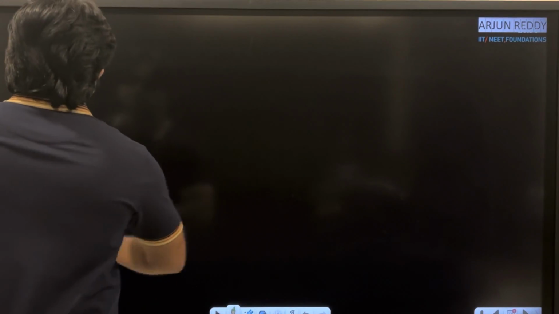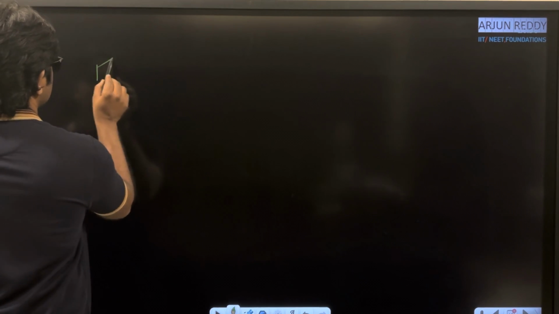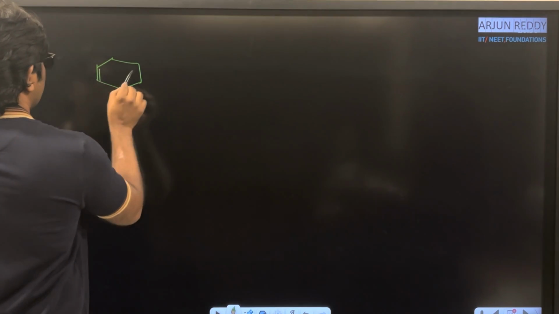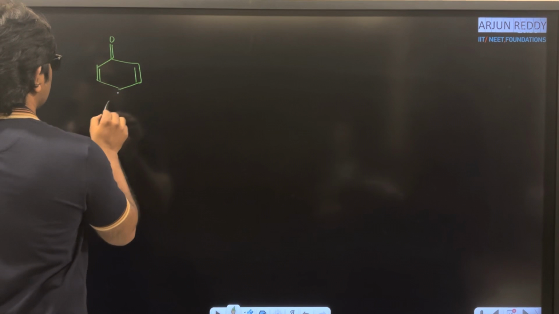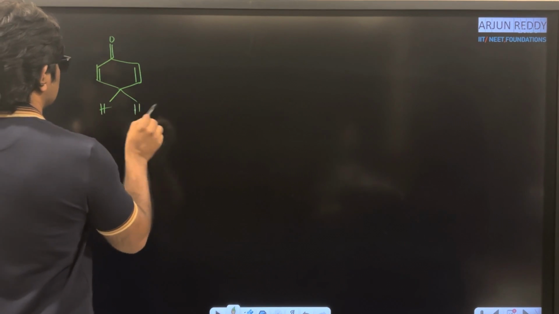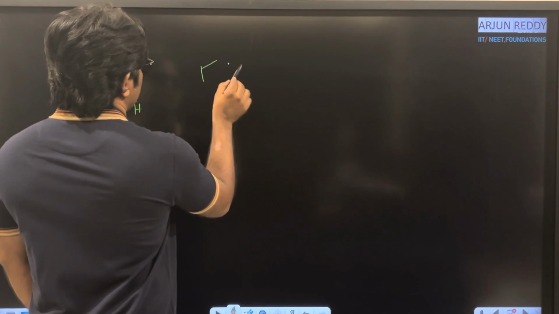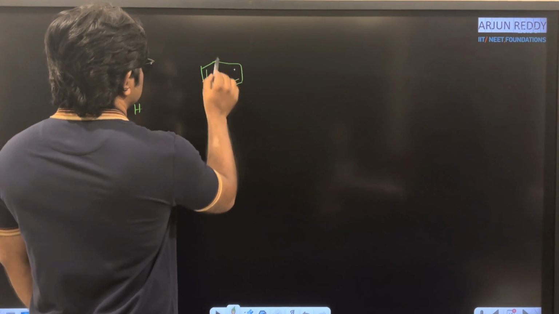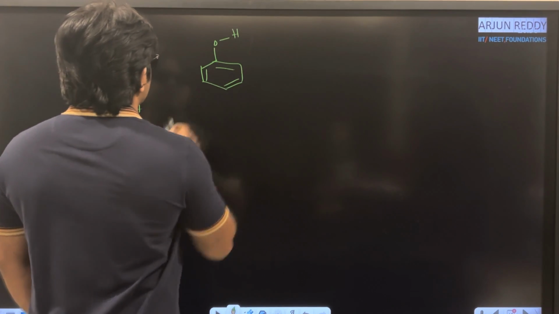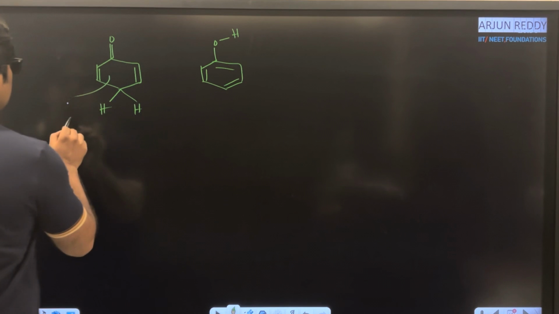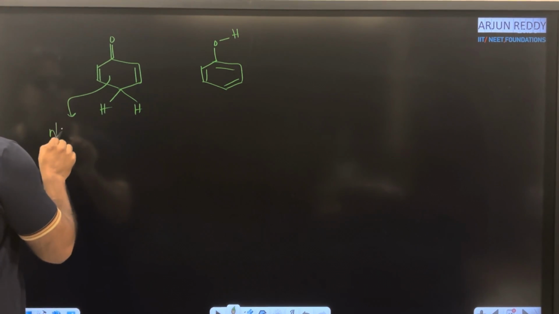Yes, come to the next example. I am giving an example for base tautomerism. Here, double bond C double bond O and H and H. Now this is our enol on the basis of tautomerism. Here, is this molecule an aromatic compound or a non-aromatic compound?